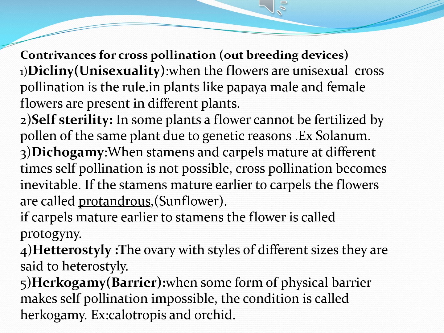The first one is dicliny, which we also call unisexuality. Some plants are unisexual, meaning they bear only male flowers or only female flowers, so the gametes are present on different plants. That is what we call unisexuality or dicliny.